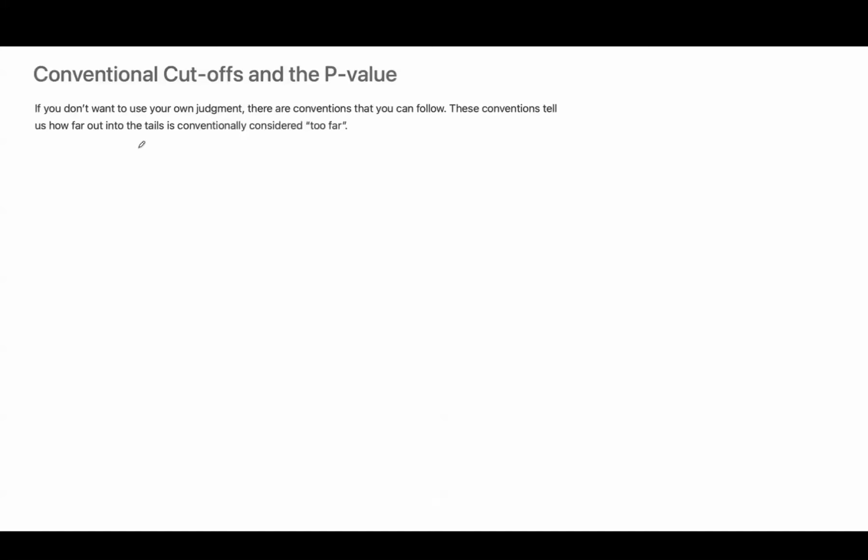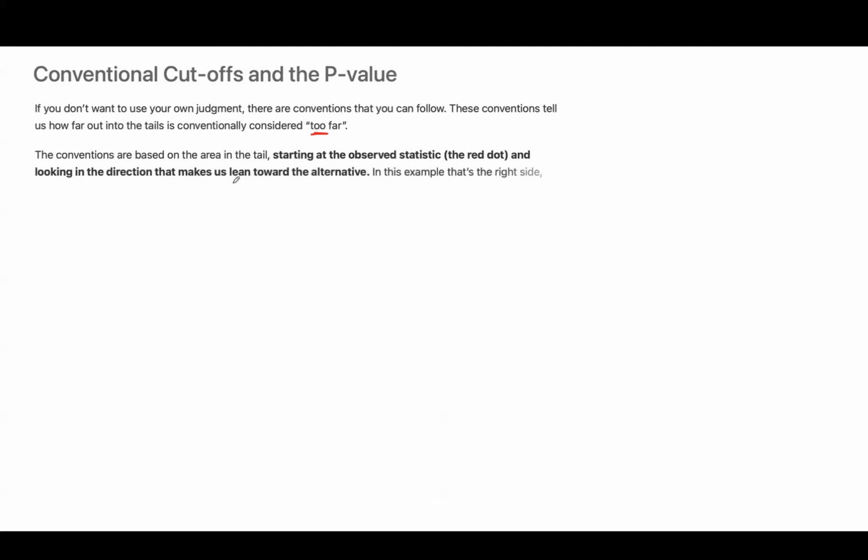Conventional cutoff and p-value. If you don't want to use your own judgment, there are conventions that you can follow. These conventions tell us how far out into the tails is conventionally considered too far. The conventions are based on the area in the tail, starting at the observed statistic, the red dot that you saw, and looking in the direction that makes us lean toward the alternative.